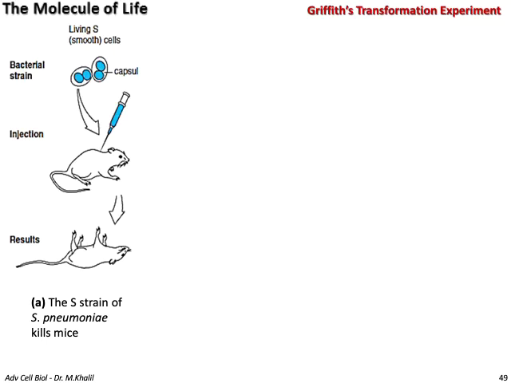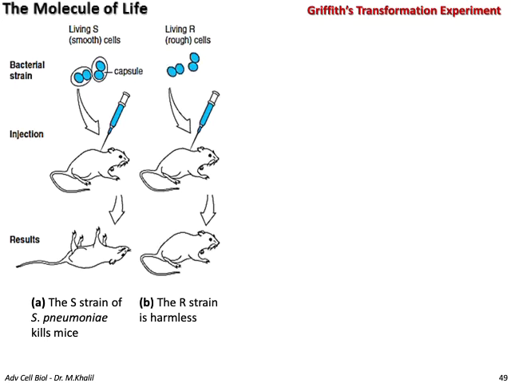The first indication that there is a molecule of life, or DNA, came from Griffith's transformation experiment. In the first setup, he used an S strain of pneumonia and injected the mice. This led to the killing of the mice. When he injected another, rough strain, R strain, which is harmless, the mice didn't die.